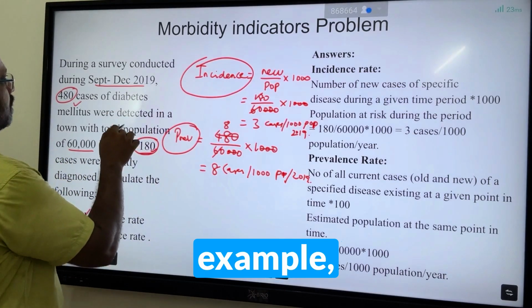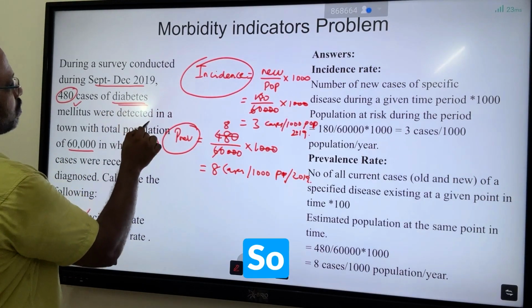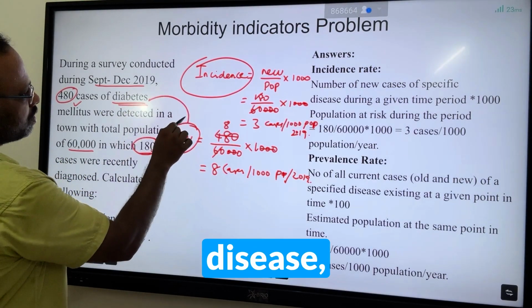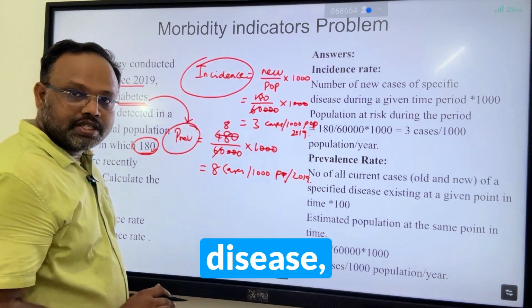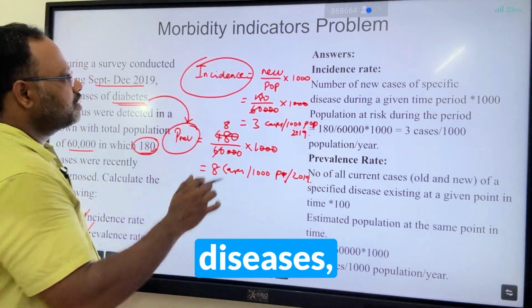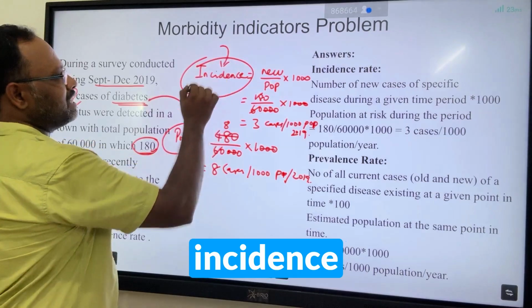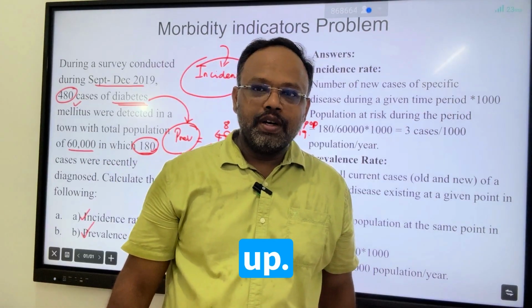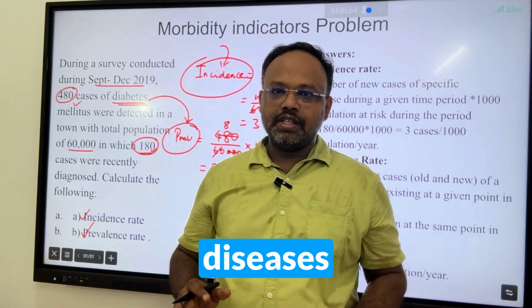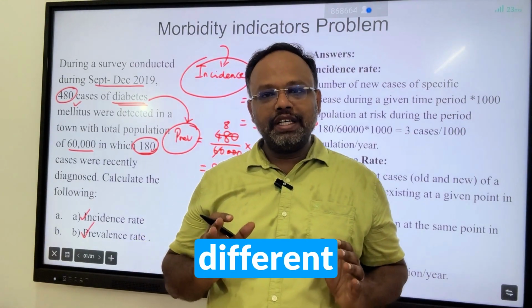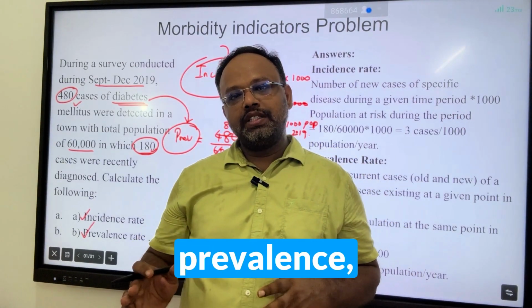Here in this example, it is a diabetes case. Diabetes is a chronic disease, so the suitable indicator will be prevalence. And when there is an acute disease like infectious diseases, the indicator will be incidence rate. So to sum up, we have seen the morbidity indicators of diseases. In frequency, we have incidence and prevalence rate.